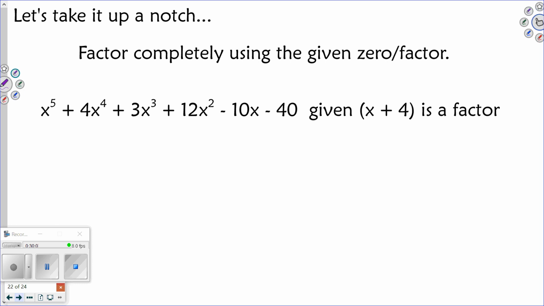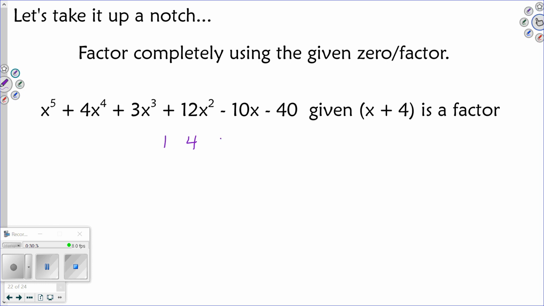All right, so factor completely using the given 0 or factor. Why is this one different? That's an x to the 5th. Is anything missing? So 5th, 4th, 3rd, squared, first number. Okay, I got everything. So let's set it up. This one would have 5 answers when you go to solve this.